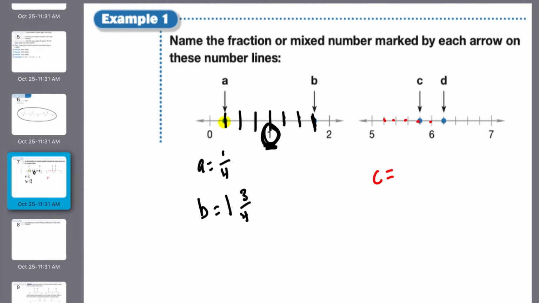So it'd be 5 1/5, 5 2/5, 5 3/5, 5 4/5 would be C. Now we have 6 1/5 would be D. So there we have what each one is marked as.